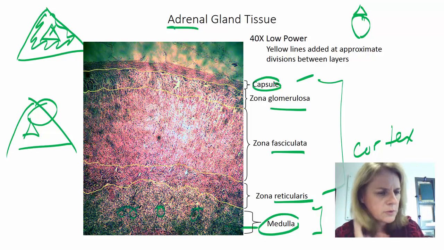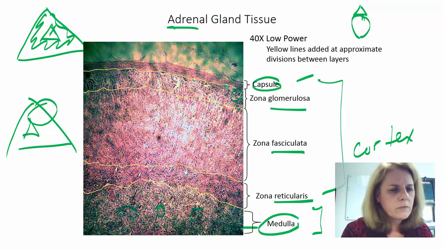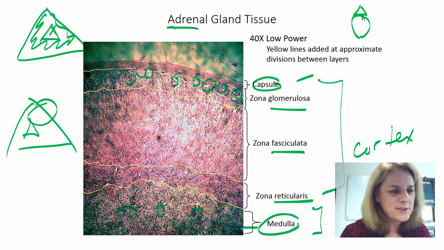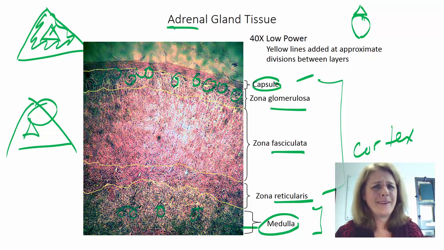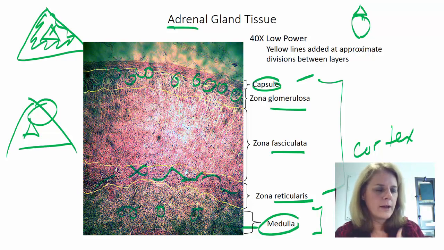I know you've got some in your textbook, and I'll try to find some better pictures too. It's those little round balls here, basically the ball zone. The zona reticularis, what's reticular mean? Web-like. It's just kind of going in every different direction, very web-like.